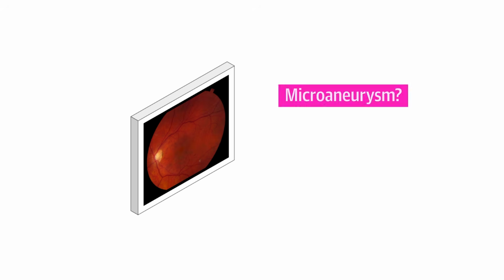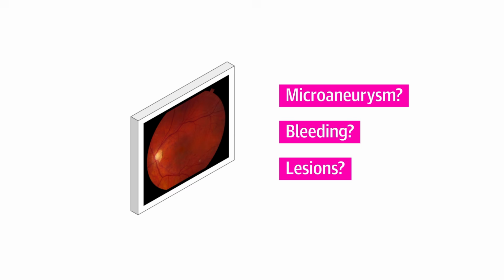And as you combine more of those, you might start to encode more higher level concepts, such as, is there a microaneurysm here? Is there bleeding over here? Are there other lesions in the image? And right at the very end is where, after these multiple layers, the network will try to condense all of that information down into a final prediction, in this case, severe diabetic retinopathy.